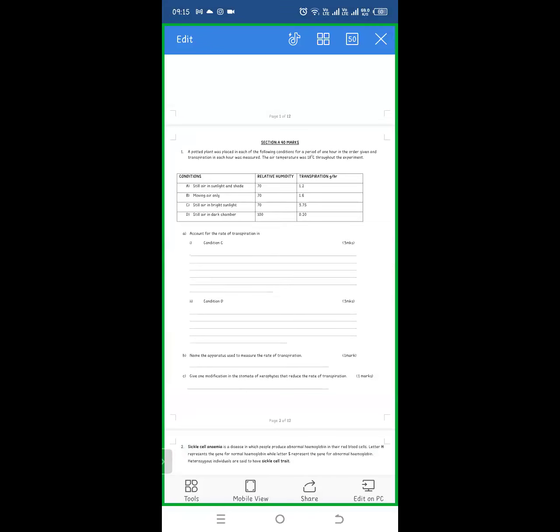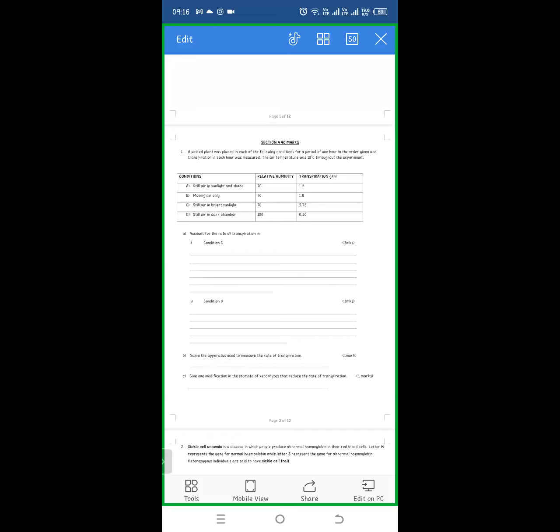In setup D, there's a low rate of transpiration due to the fact that it is kept in a dark chamber, hence there is low light intensity, meaning that the stomata won't open fully, hence the low rate of transpiration. That is very good, Melvin. Having talked about condition C, condition D is exactly the opposite.